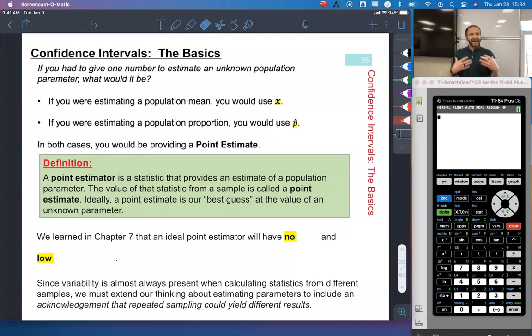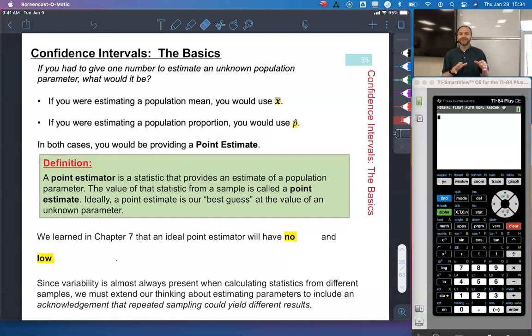So if I'm trying to estimate mu, the population mean, I better use a sample mean. If I'm trying to estimate population proportion p, I better use p hat, the sample proportion. And in these cases, you are providing a point estimate. A point estimator is a statistic that provides an estimate of a population parameter.